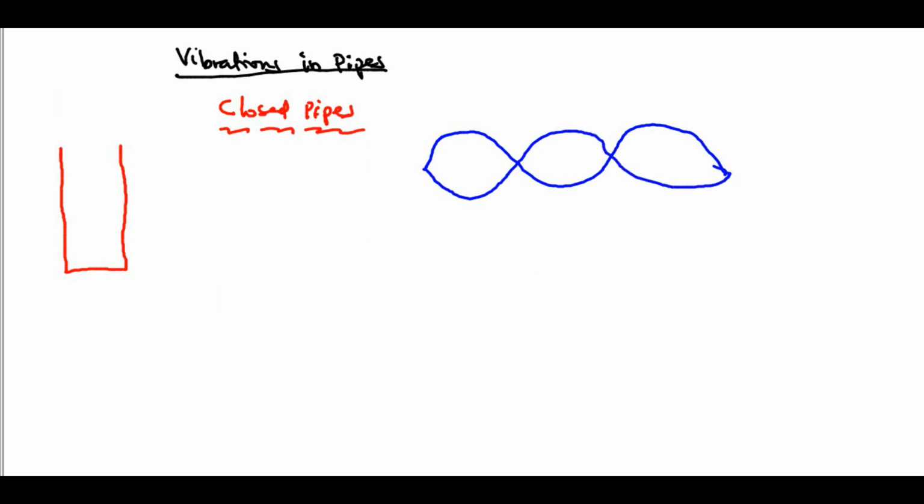Here is a node, here is another node, here is another node. Here is an antinode, here is an antinode, and here is an antinode.